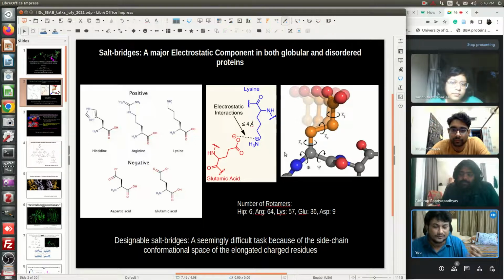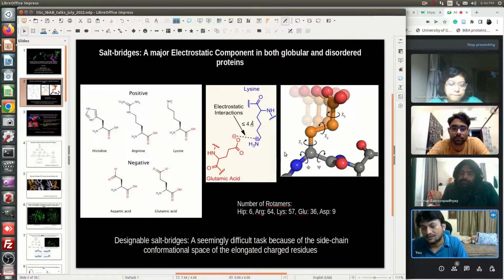For example, if you are trying to design an arginine-glutamate salt bridge, it will eventually be jammed into one conformation that has to be sampled from a conformational space of 64 times 36. So you have a very low probability of design rescue.